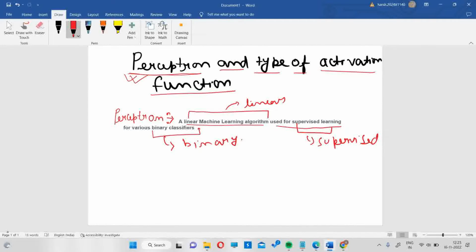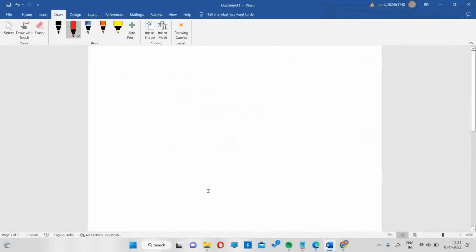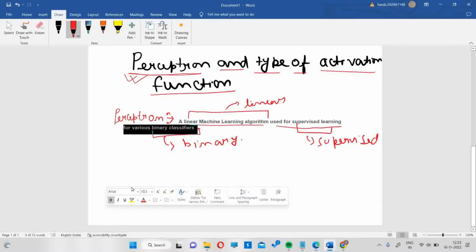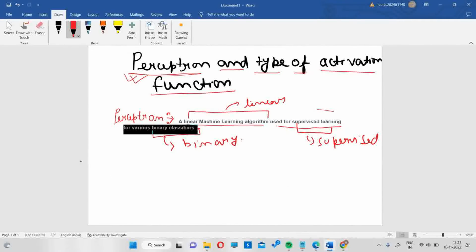Now I am going to draw a diagram, which is an important diagram. So I will draw it here only. Wait a second.